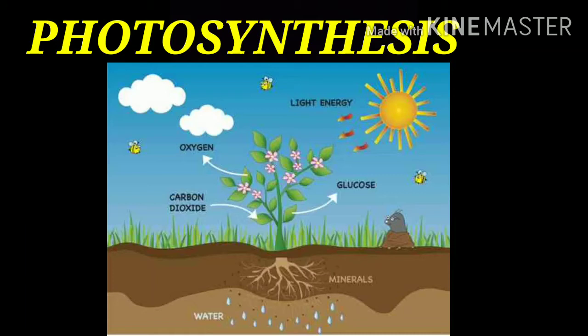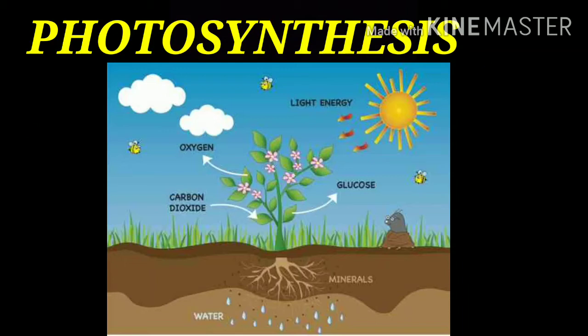Photosynthesis is a process by which autotrophic organisms like green plants, algae and chlorophyll containing bacteria utilize the energy from sunlight to synthesize their own food. In this process, carbon dioxide combines with water in the presence of sunlight and chlorophyll to form carbohydrates.